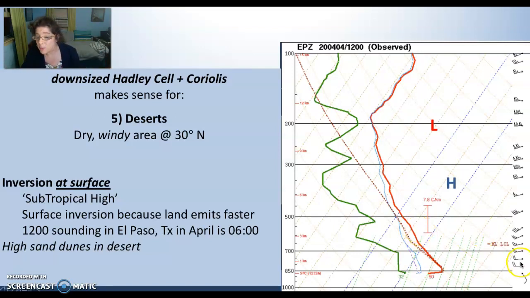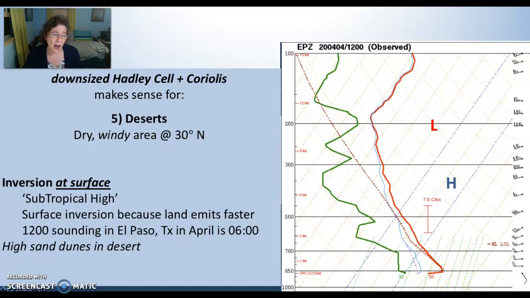and the ground is going to cool very quickly. The wind that you see right above the inversion is for the sand dunes, and actually those sand dunes are blown quite a bit, but while we're at the surface, that windless area helps to support the high sand dunes that you see in El Paso, Texas. They actually have national parks with their high sand dunes in that area.